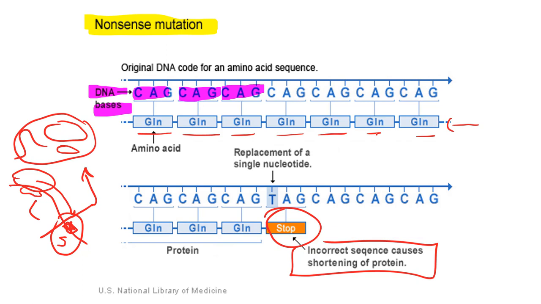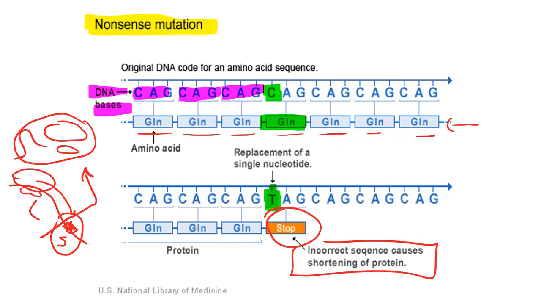So what we have here is a change, and that change happens in this base right here. Basically the C base, the cytosine base here, is now replaced by a thymine. And of course, what we would normally have is CAG coding for glutamine here.